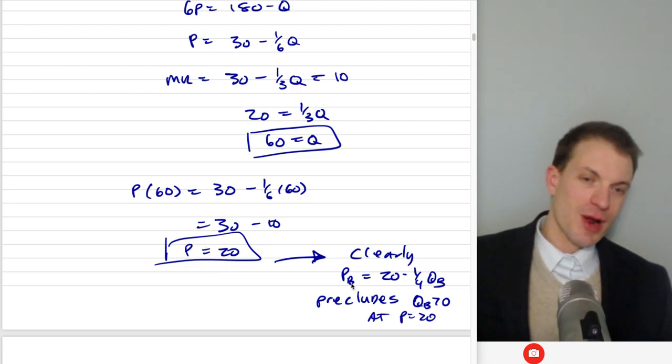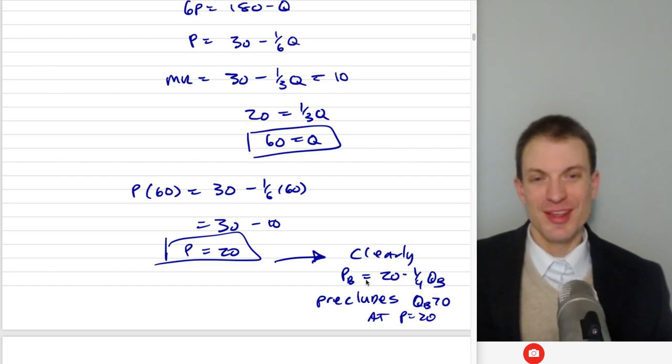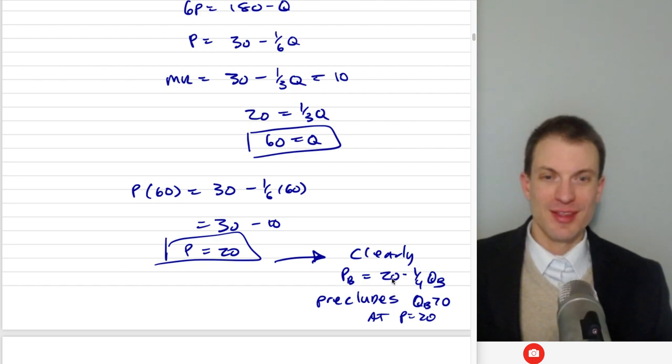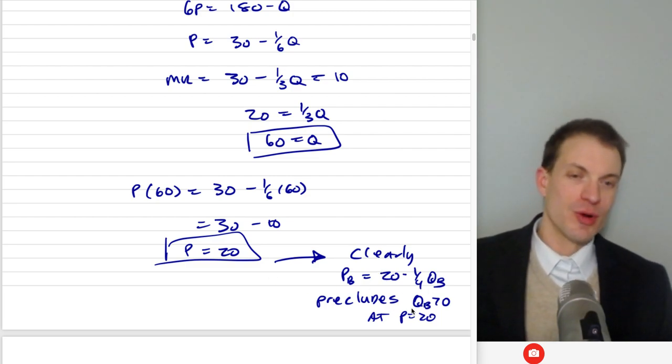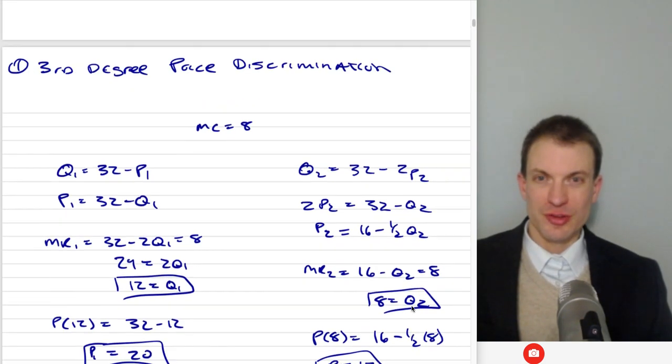Actually, there's a problem here because my inverse demand for segment B was 20 minus 1/4 QB. Think of the vertical intercept as the maximal willingness to pay. If 20 is the maximal willingness to pay for any positive quantity, the demand curve is going to lie below this price. So that's a problem. You're actually not going to want to sell some positive quantity in market segment B if the price is 20.